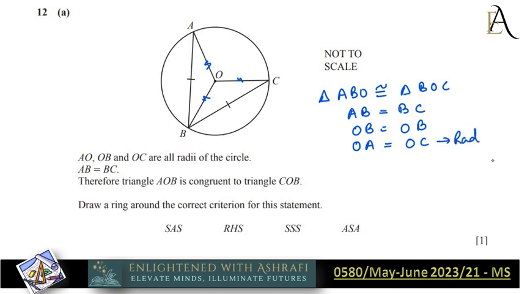These are the radii, this is the common side, and this is already given. Therefore, we can conclude this is SSS, that is side, side, side. All the sides are equal to each other.